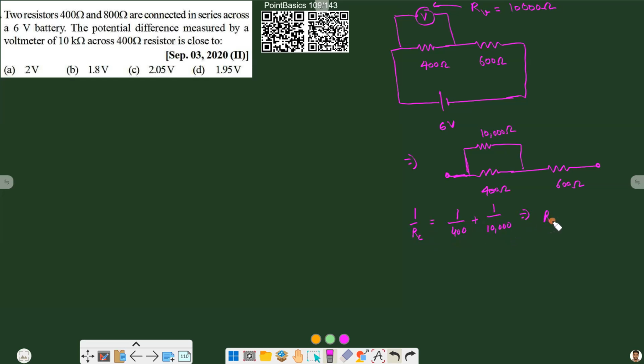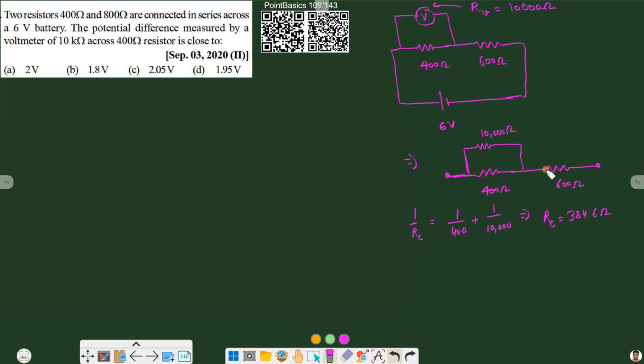After solving this, we can get an idea: as 10,000 is very large compared to 400 ohm, the final resistance of their parallel combination will be somewhat less than 400 ohm, and the actual value comes out to be 384.6 ohm.